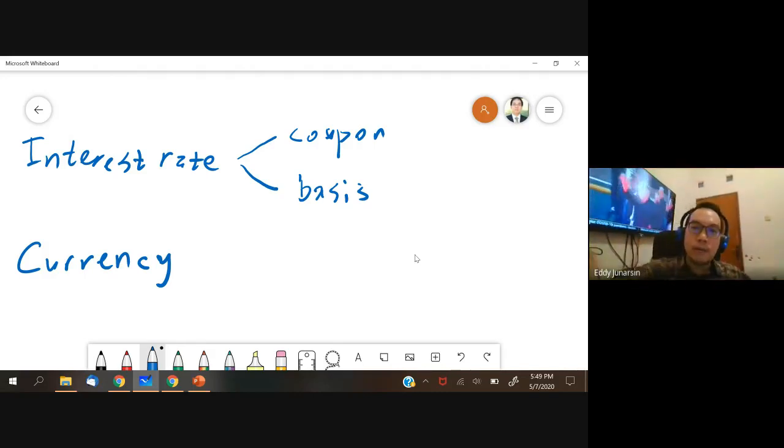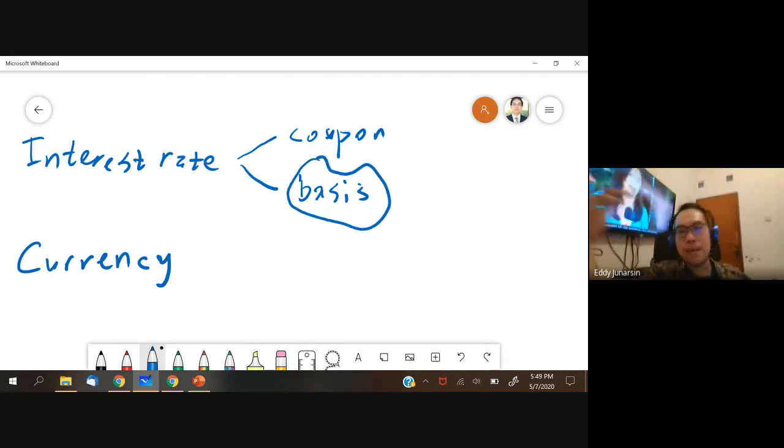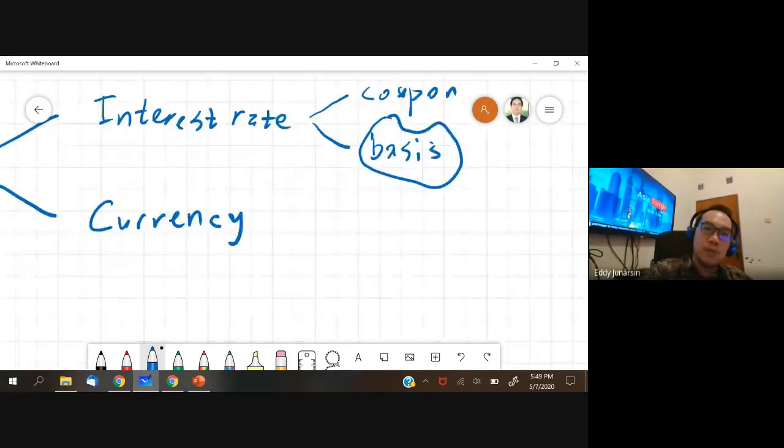So they could exchange their obligations, their debts, because of the different basis on which their payments would be made. Right? So yes, there may be other possibilities, but at least we see coupon swap or basis swap for the interest rate swaps.